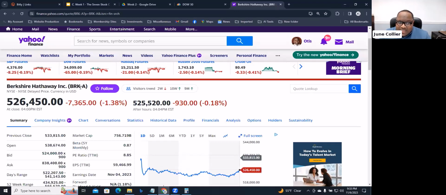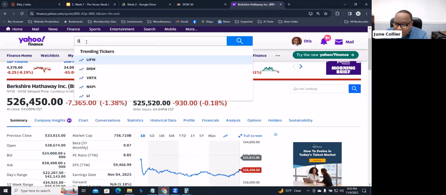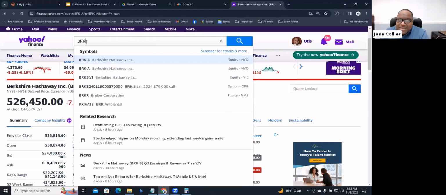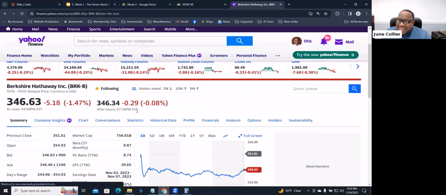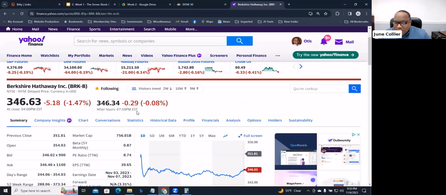This is the A class, okay? Now, you can still get some Berkshire Hathaway like me, but you want to get the B class. So I have B class Berkshire Hathaway, which is $346, right? That's $346. But it mirrors the A class. It's just that they've done stock splits with the B class, okay?